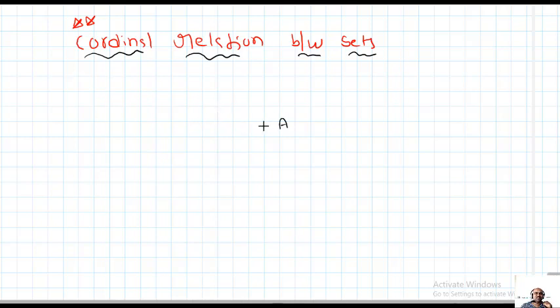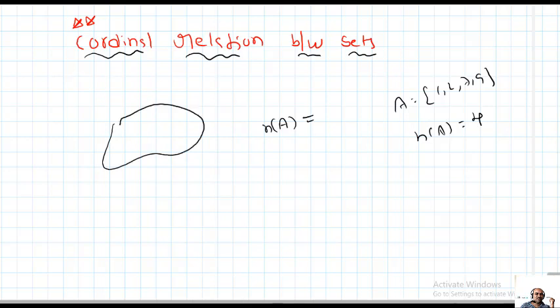For example, A is a set, n of A represents the number of elements present in the set A. That is the cardinal number. For example, A is given as 1, 2, 7, 9. What is n of A? I can say n of A equals 4. But in Venn diagrams, how can you define the cardinal number? That is important. For example, this is a set. What is n of A?